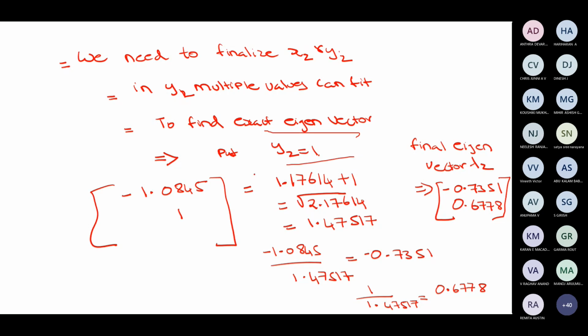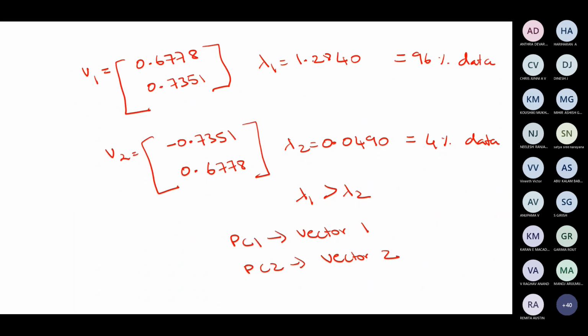Now when I put y2 as 1, I take the square of this and the square of this, add them, take the square root, and divide each by this value. So now I have two eigenvectors.